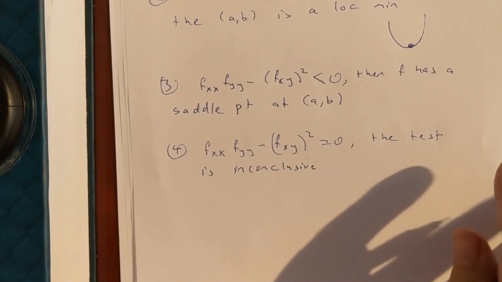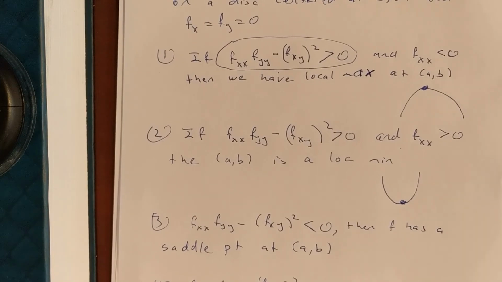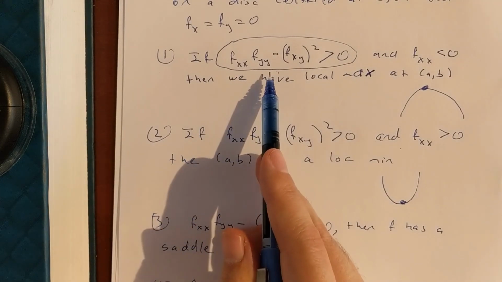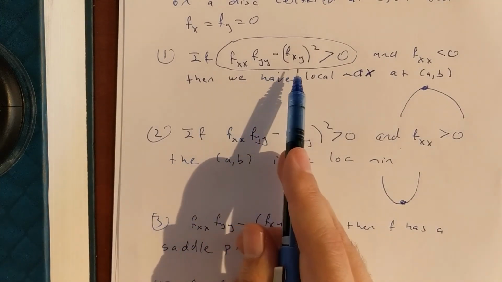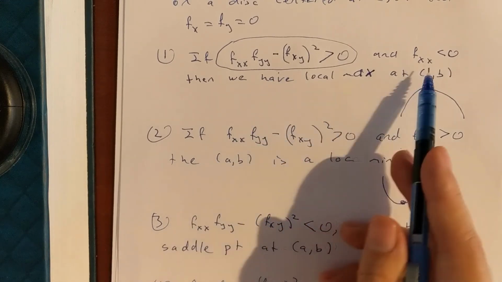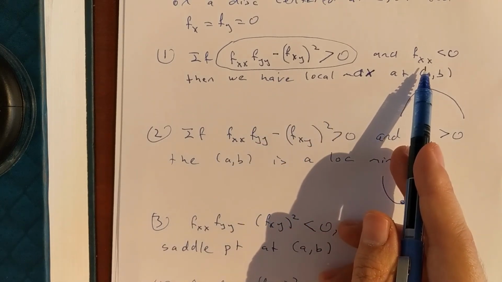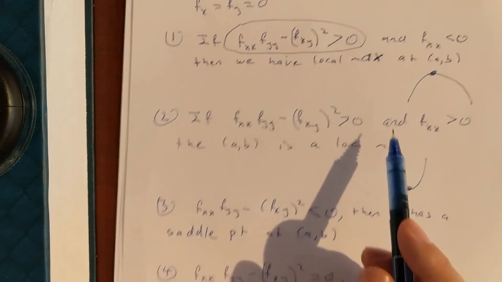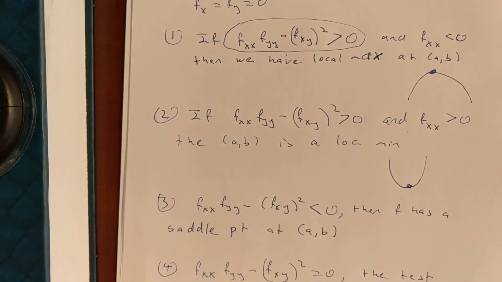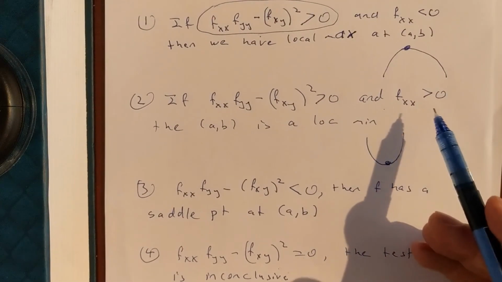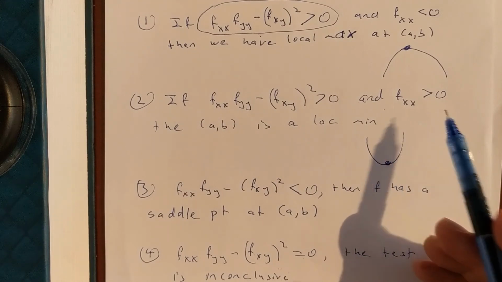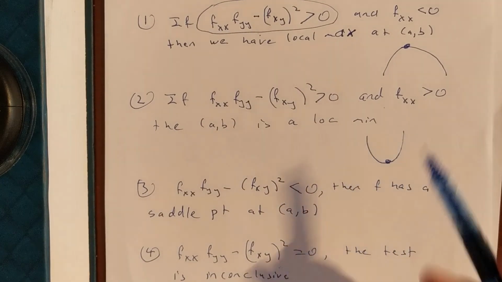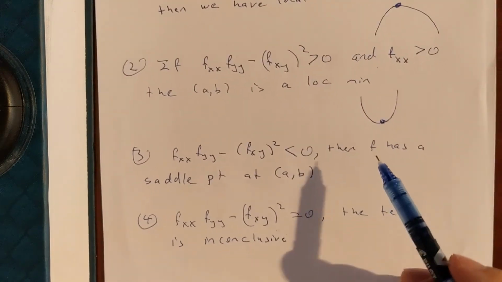So that's the test. We're always looking at this term. If it's greater than 0 and the derivative locally is concave down, then it's got to be a maximum. If it's greater than 0, that means every derivative is heading in the same direction. And if it's concave up, then it's got to be a local minimum.